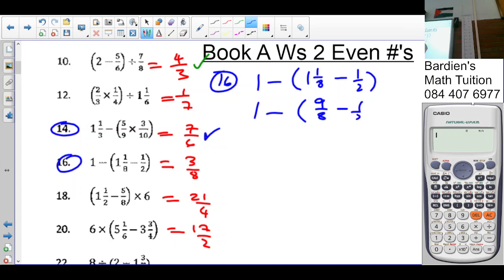Minus a whole. Nice. Carry on. Bracket and then 1 minus. Then I made the LCM 16, which is not ideal but correct, yes? And then I times 9 by 2, which gives you 18.